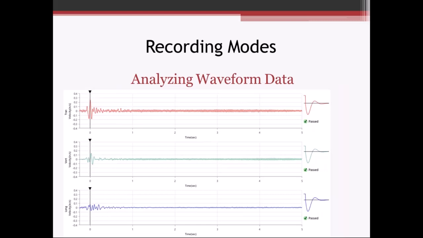So something else we can do with this waveform data is analyze it. We can use fast Fourier transformation to analyze these events. What it does is analyze the event over the full 5 seconds. Obviously this was not a transient event, right?